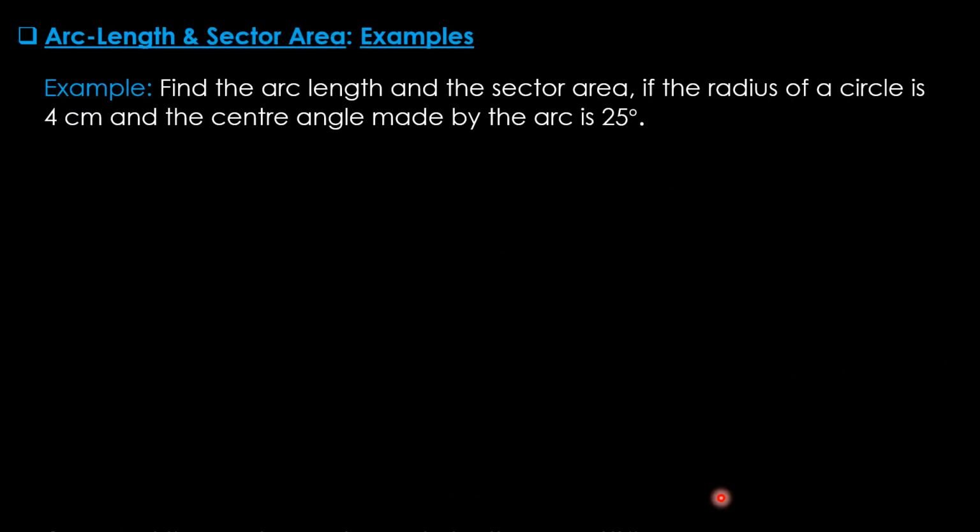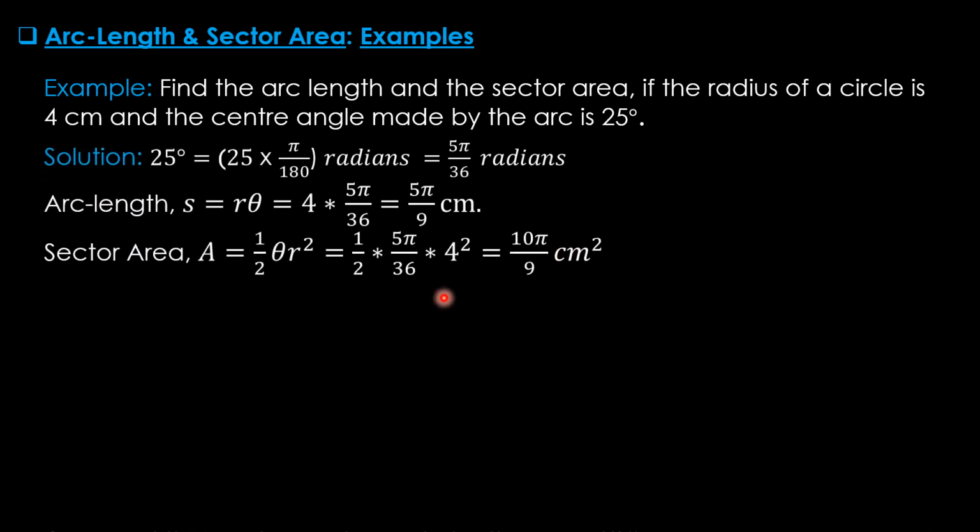There is an example here. Find the arc length and the sector area if the radius of a circle is 4 cm and the center angle made by the arc is 25 degrees. So this is the solution. 25 degrees we need to convert into radians by multiplying by pi over 180. Otherwise, without converting into radians, we cannot use degrees in the formula, as I mentioned on the previous page.